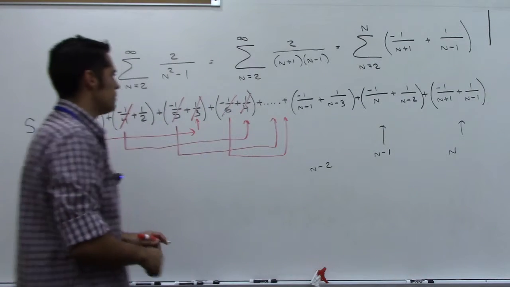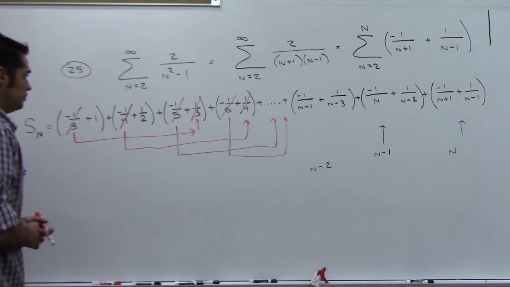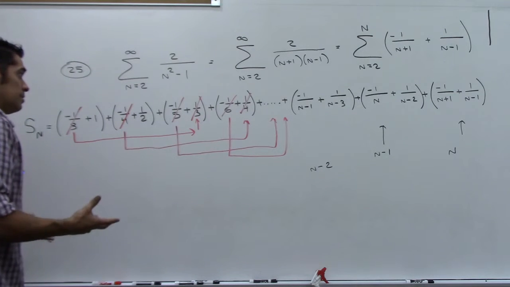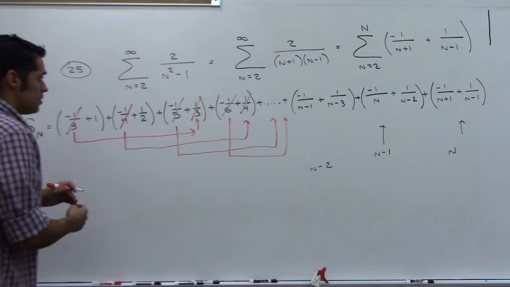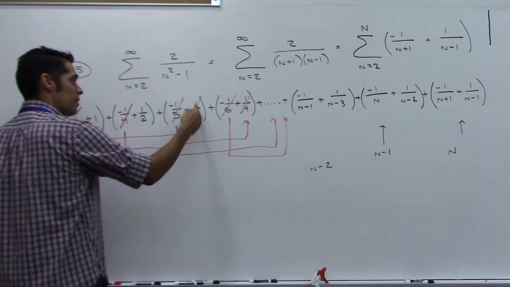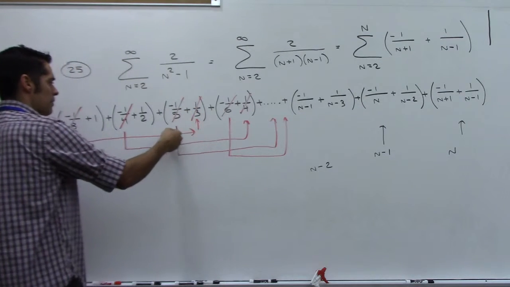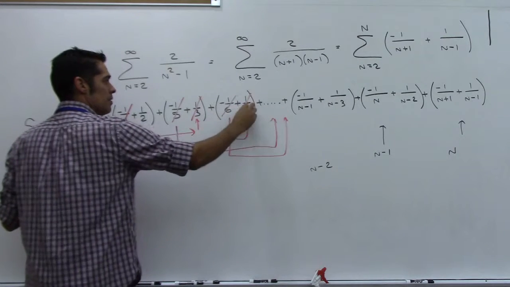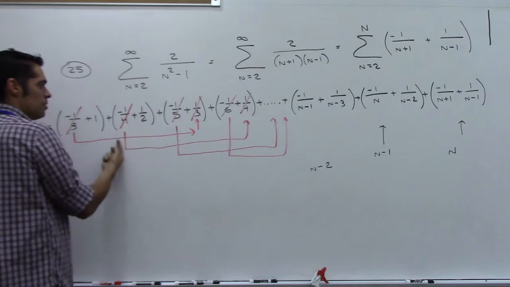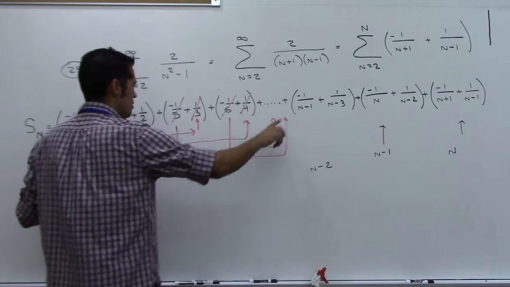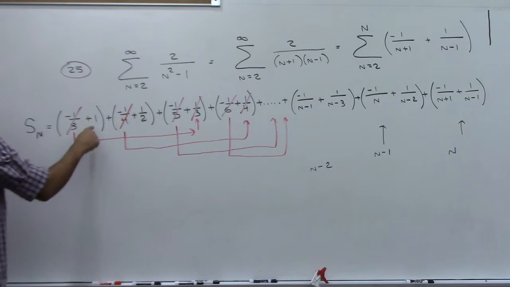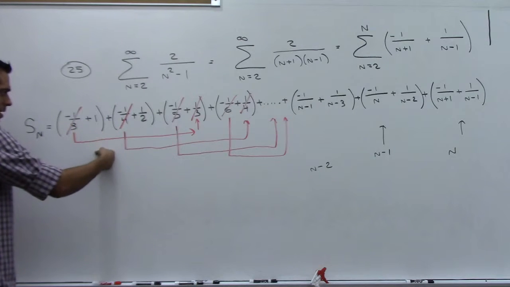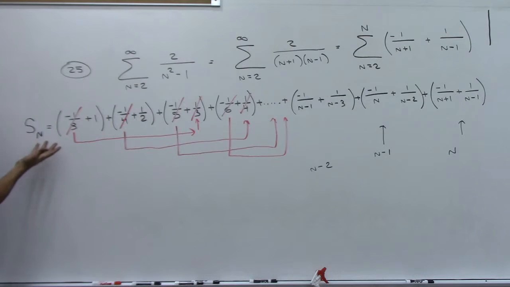Now, on the other hand, you could look at it backwards. The second number in a parentheses gets killed off by the first number 2 in front of it, and so on and so forth. So look at this second number. For it to get killed off, we need to have something in a parentheses 2 in front, which we don't have.